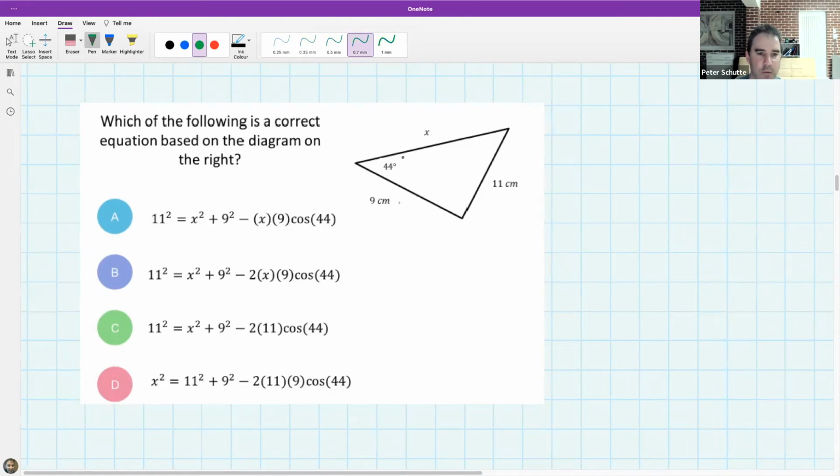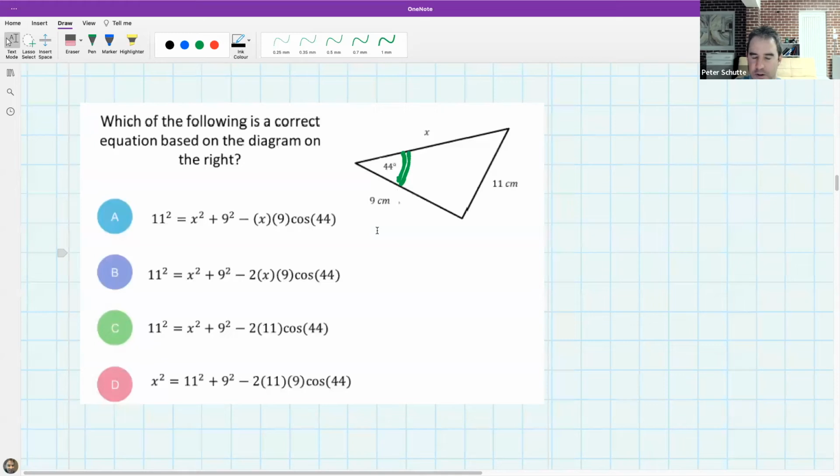So I want to point to the 44 and say, the 44 could be important for telling us about relationships. So just think about that. So in cos rule land, we normally look for two sides and the included angle to help us find a third side. But this is a good question. It's really taking it up a little bit.